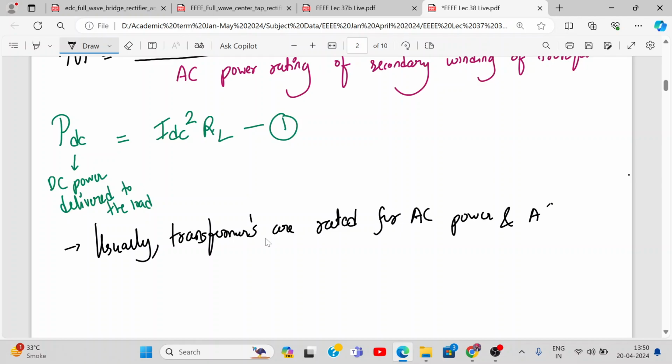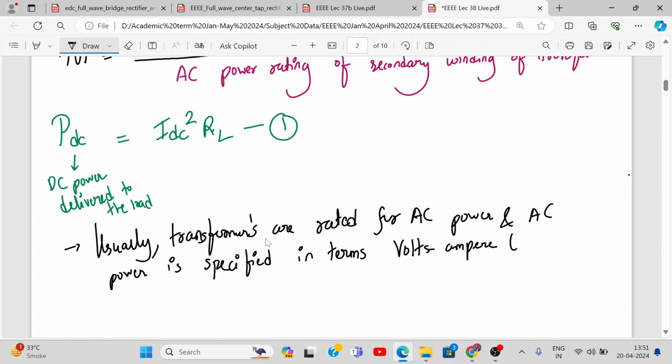That means the AC power in a transformer is specified in terms of volt ampere rating. You remember what was volt ampere rating? VA rating. Volt ampere rating. It's called VA rating.